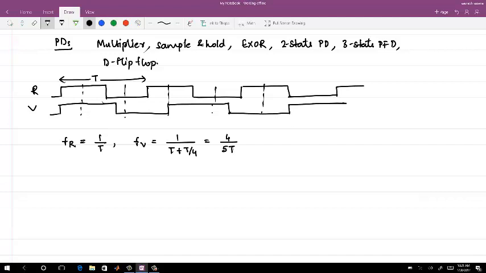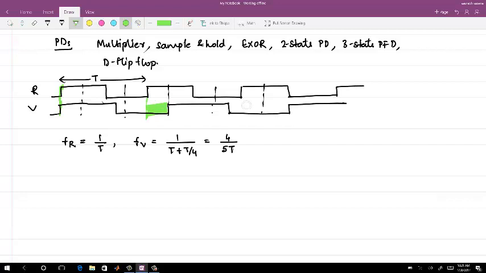Now, what is the phase error? I am still not using any phase error detector. I just want to show you what the phase error looks like to begin with. Here, if they are aligned, it is close to 0. Here is the first phase error at the input of the phase error detector.